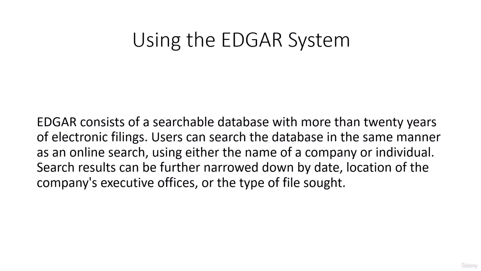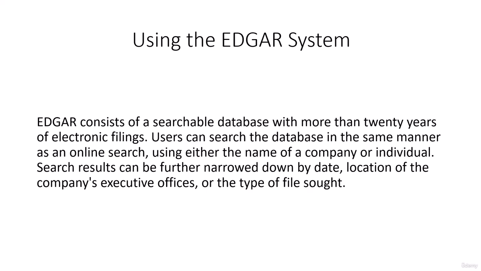Using the EDGAR system. EDGAR consists of a searchable database with more than 20 years of electronic filings. Users can search the database in the same manner as an online search, using either the name of the company or an individual. Search results can be narrowed down by the date, the location of the company's executive offices, or the types of files sought.